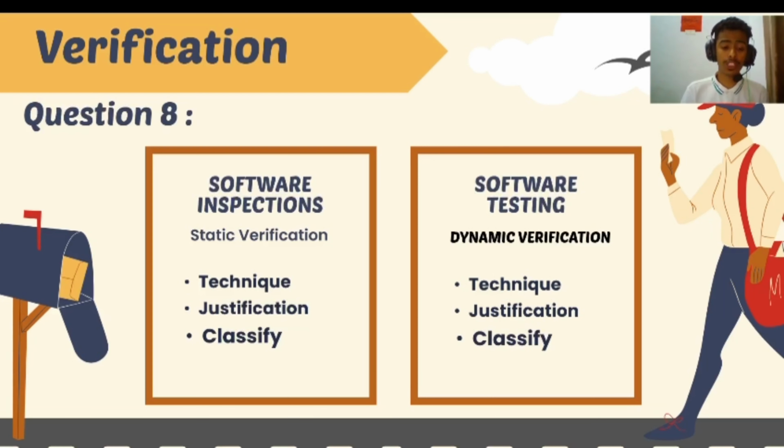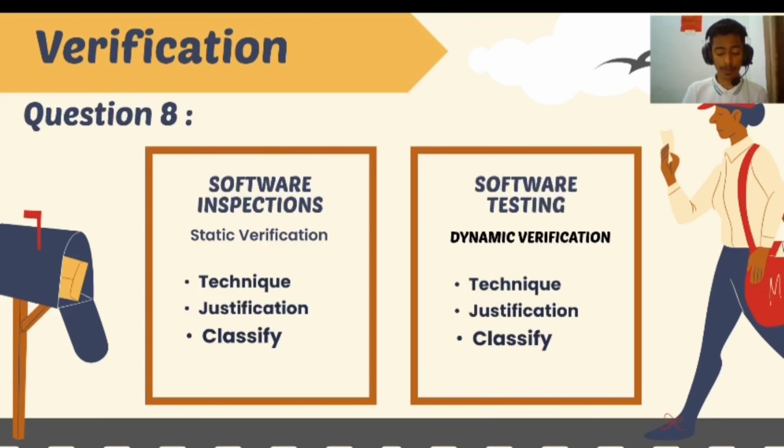For software inspection, the technique: software inspection involves team members visually examining development artifacts to detect errors. These static analysis techniques include code inspection that analyzes system requirements, design models, program code, and proposed testing without executing the software.